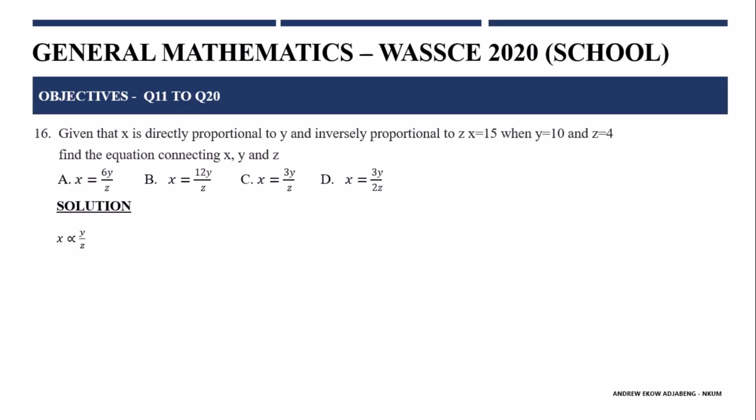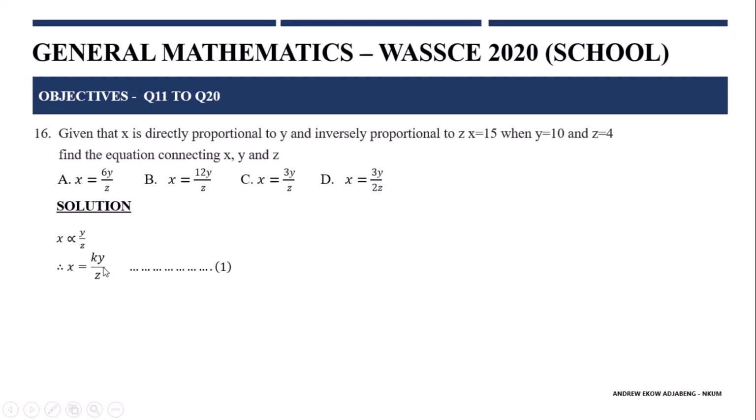So our solution: we know that x is directly proportional to y and inversely proportional to z. So we have x directly proportional to y over z. We simplify that, it means that x is equal to ky over z.